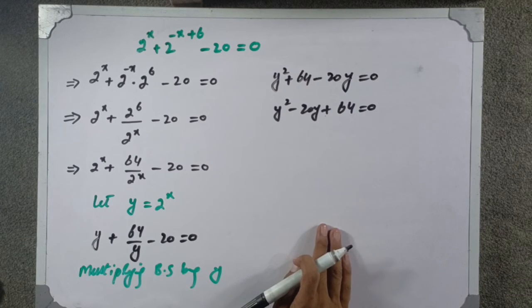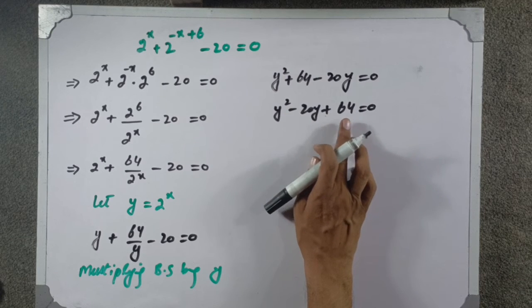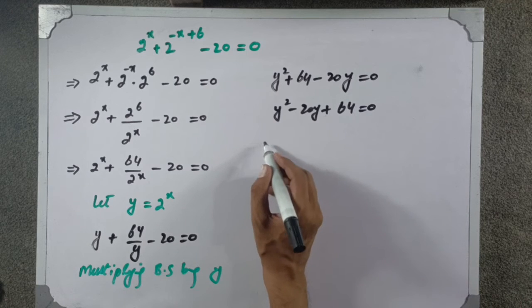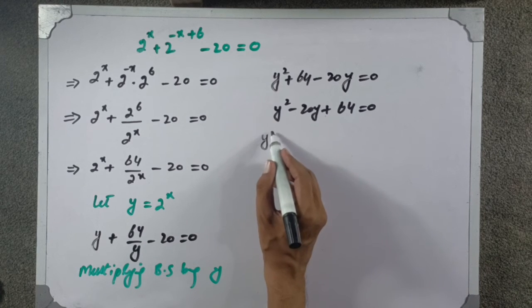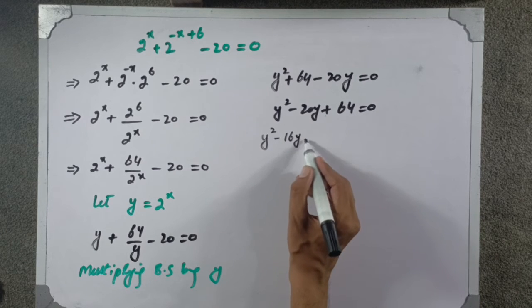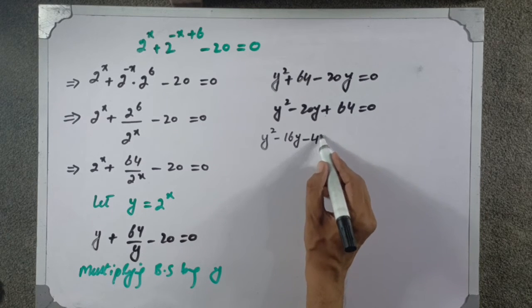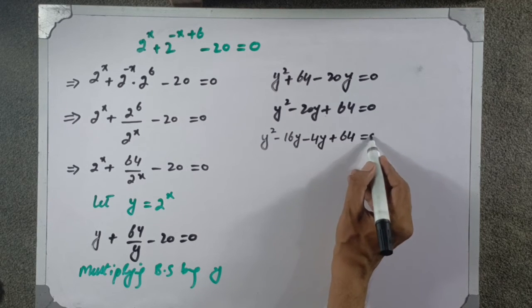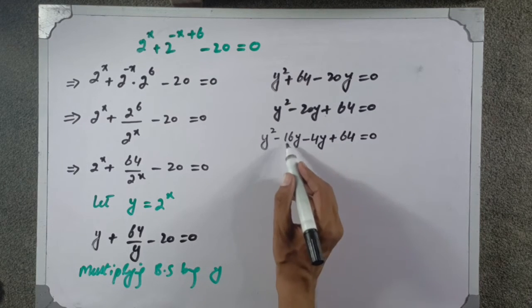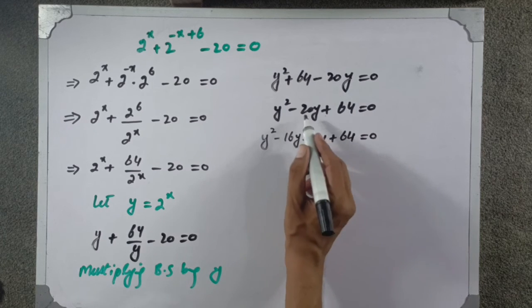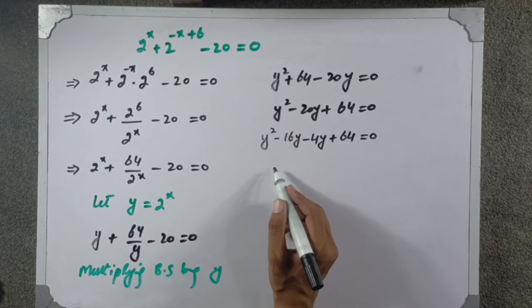If I take a look at this 64, it's obvious that I can write y square minus 16y minus 4y plus 64 is equal to 0, since 16 times 4 is 64, and by adding these two terms I will get minus 20.